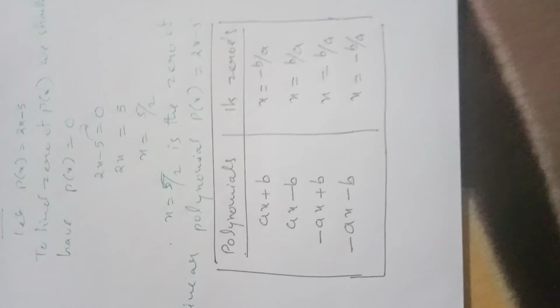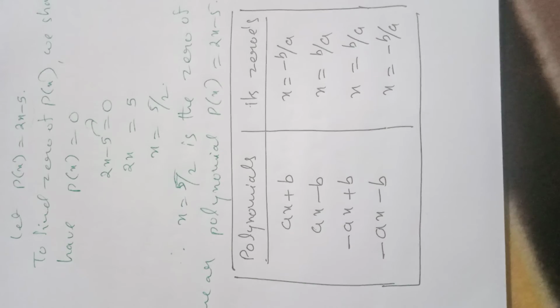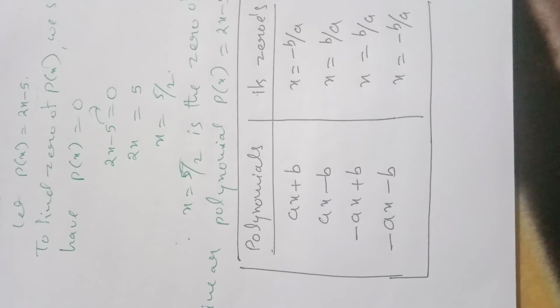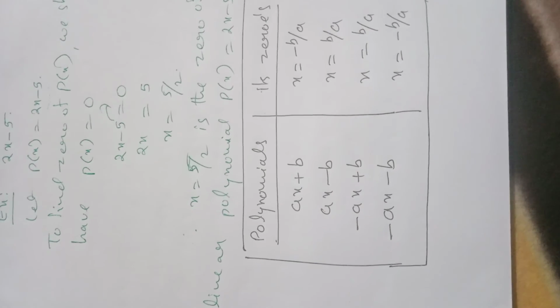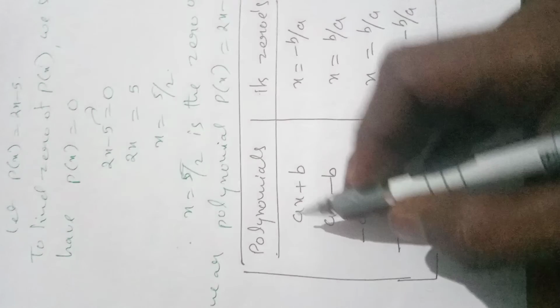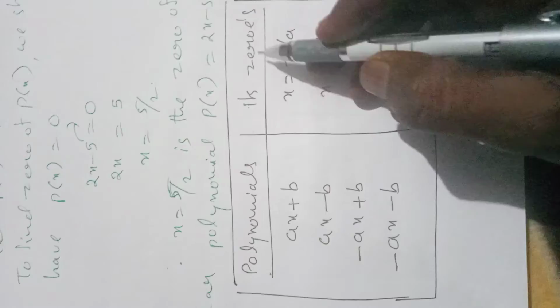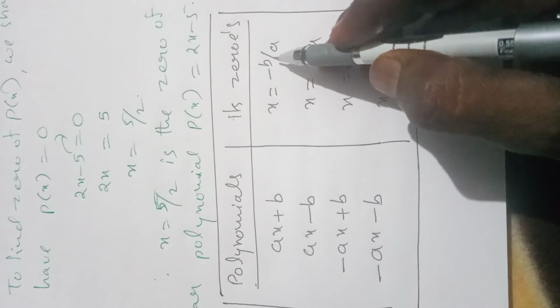Now in the next video we are going to discuss how to find zeros of quadratic polynomials. And one more thing you need to remember, this is very important. Whenever you want to find the 0 of a first degree polynomial, a linear polynomial, you will have only one 0.